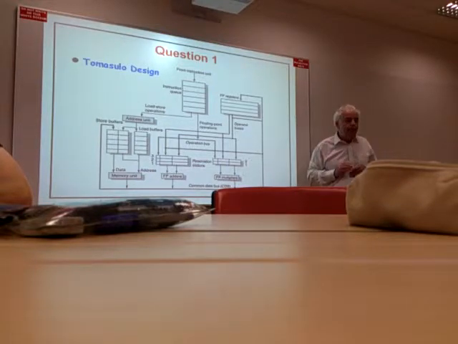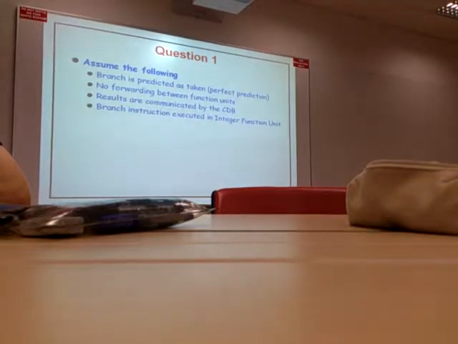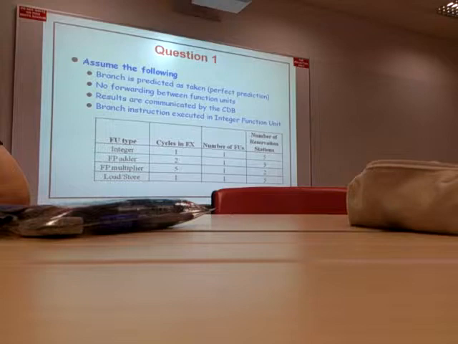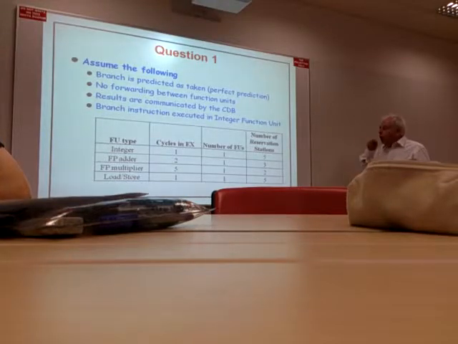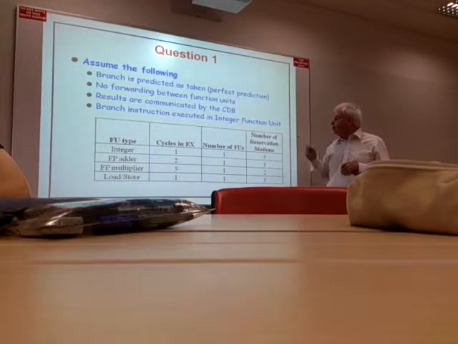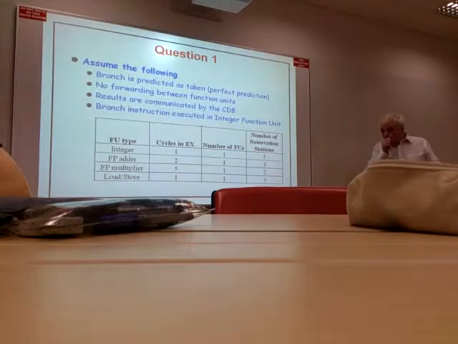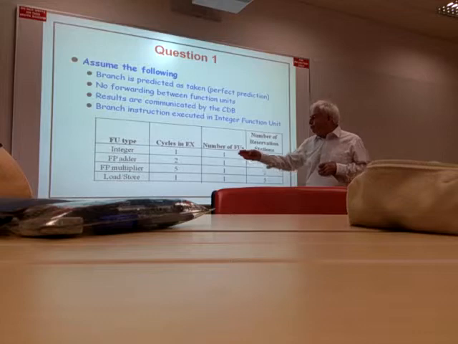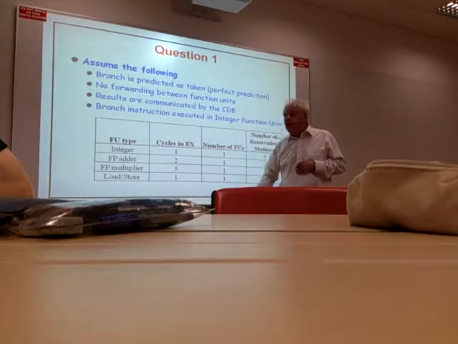So we have a common data bus for writing back the results. We also assume that the branch instruction is executed in the integer function unit. And then these different function units take a different number of clock cycles to execute.